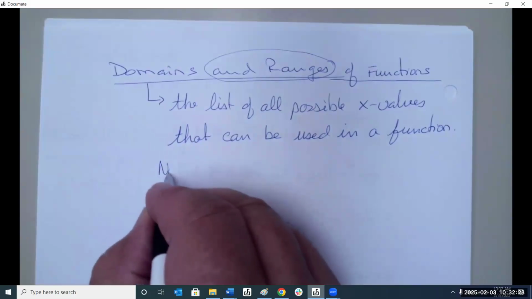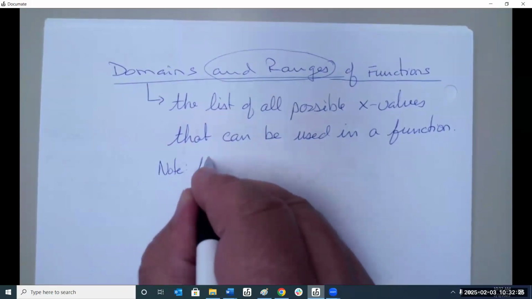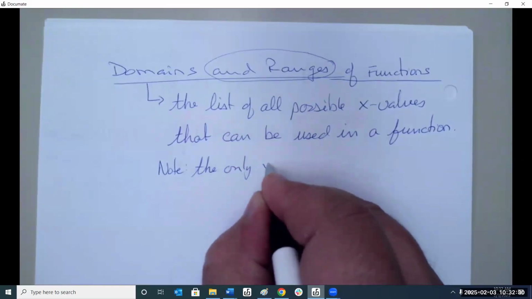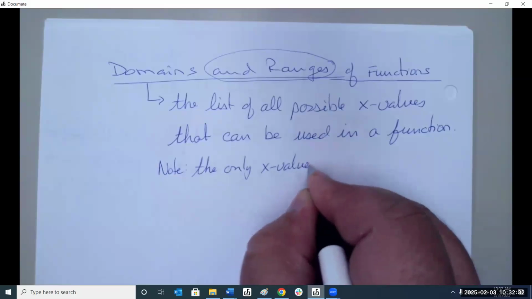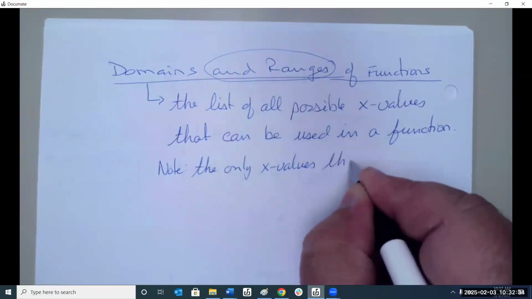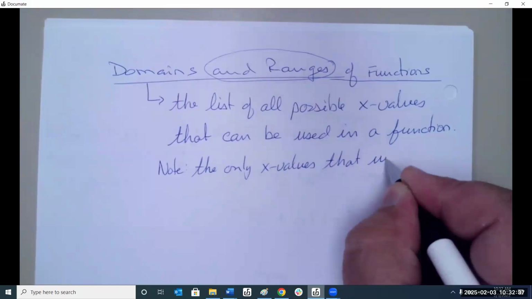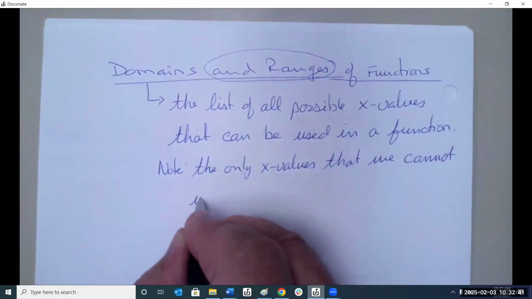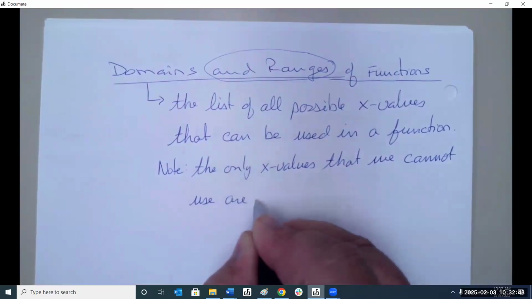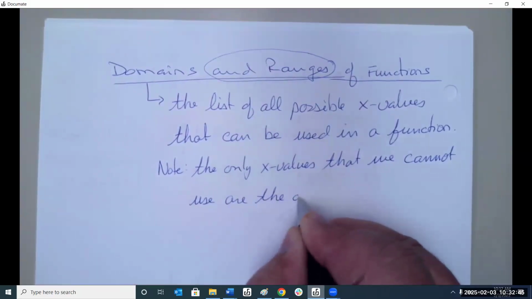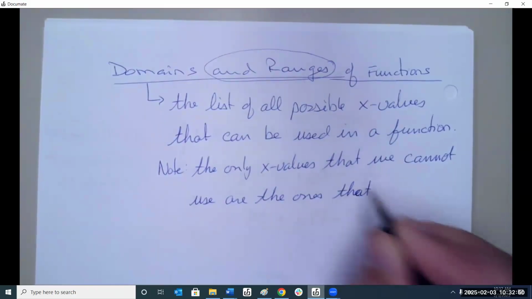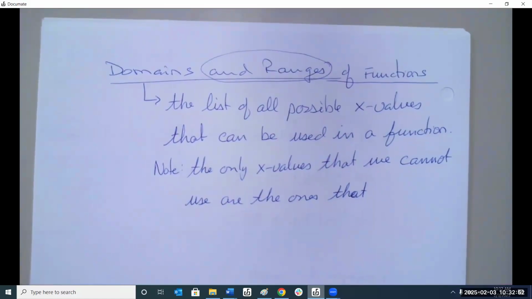Note, the only x values that we cannot use are the ones that do what? What are the only x values we can't use?